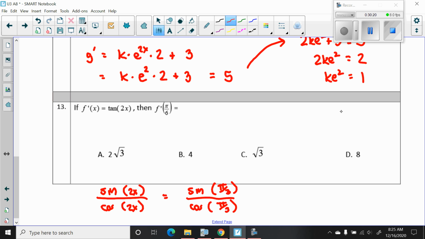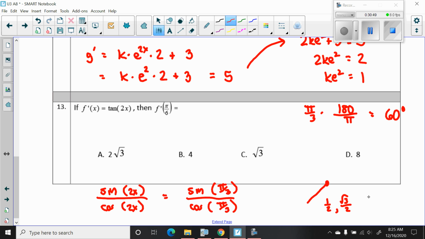Well, pi over 3, I'm always doing unit circles, so that'd be times 180 over pi, so the pi's cancel out, and this would be 60 degrees. So 60 degrees would be up here, so that would be 1/2, that's the shorter value, and then square root of 3 over 2 is the longer value.